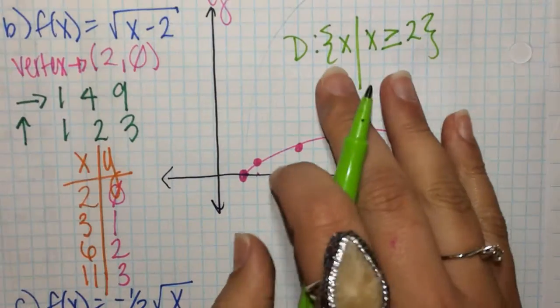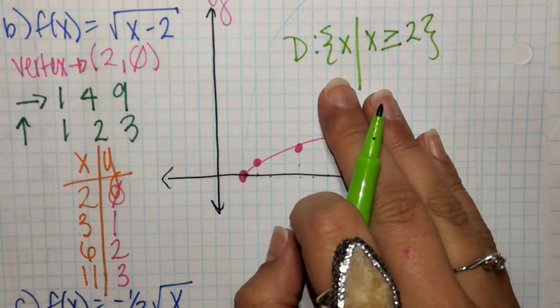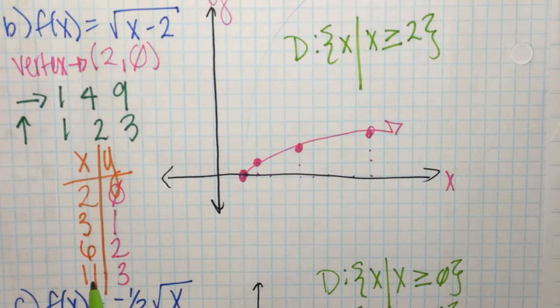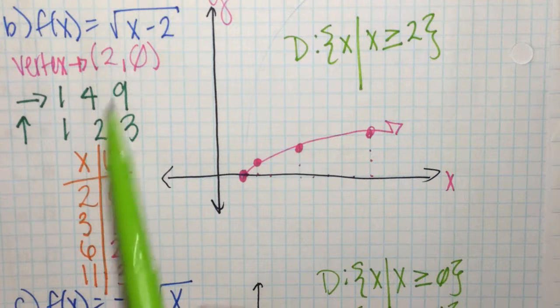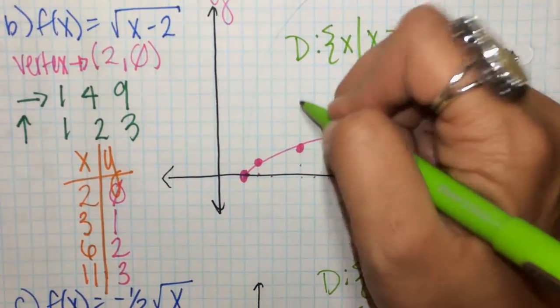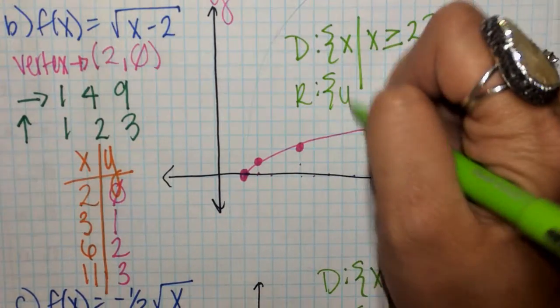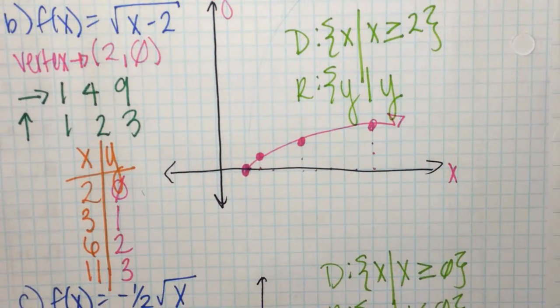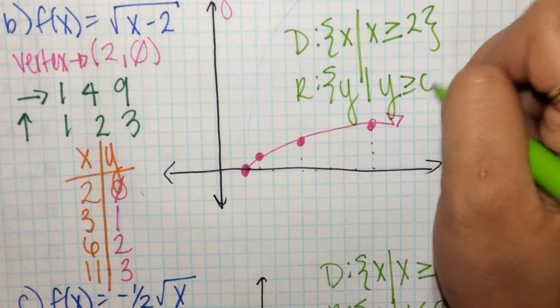Now, you need to understand how to do this because that's part of your homework tonight. You have to graph and figure out the domain and range. The domain cannot be anything less than what your smallest x value is. Your range cannot be anything less than what your smallest y value is. So what is y greater than or equal to? 0.